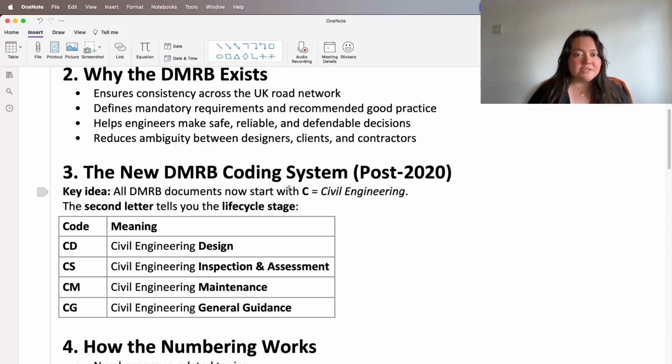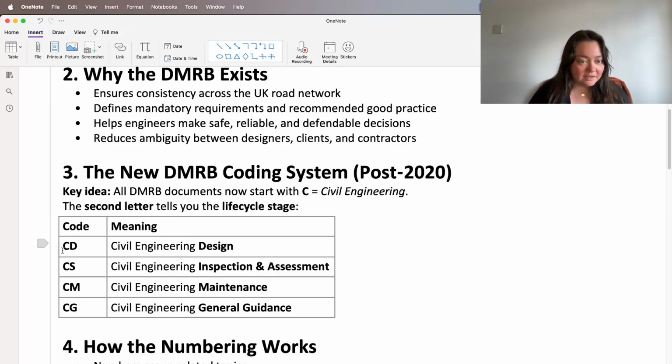So, what is the new DMRB coding system, which is after 2020? In 2020, the DMRB was reorganized into a much simpler coding system. The key idea is that all DMRB documents now start with C, and C stands for civil engineering.